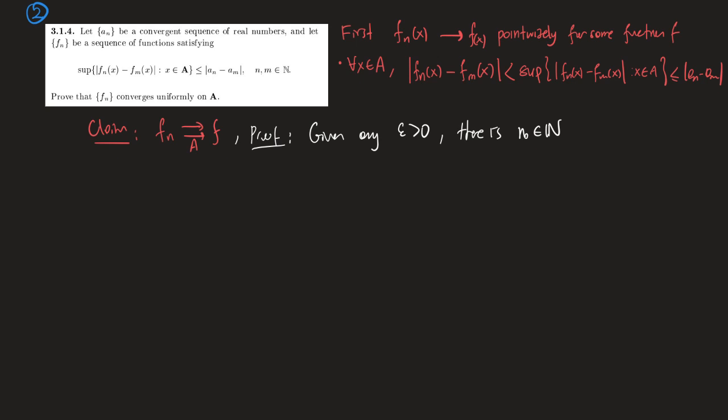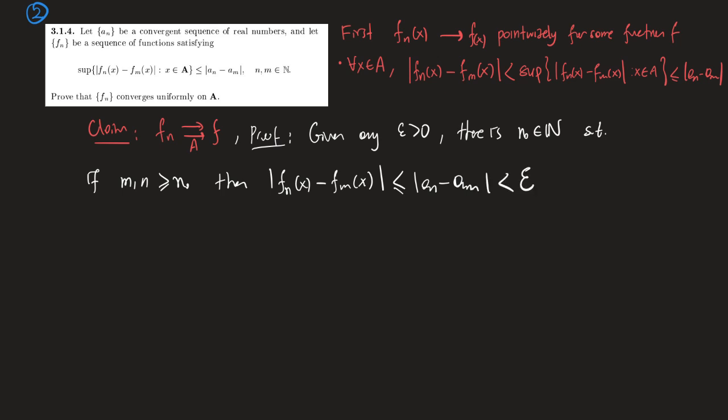It is already determined because of the convergence of the sequence a_n. So there is n0 such that if m and n are bigger than n0, then |f_n(x) - f_m(x)| is less than |a_n - a_m|, and this is less than epsilon.